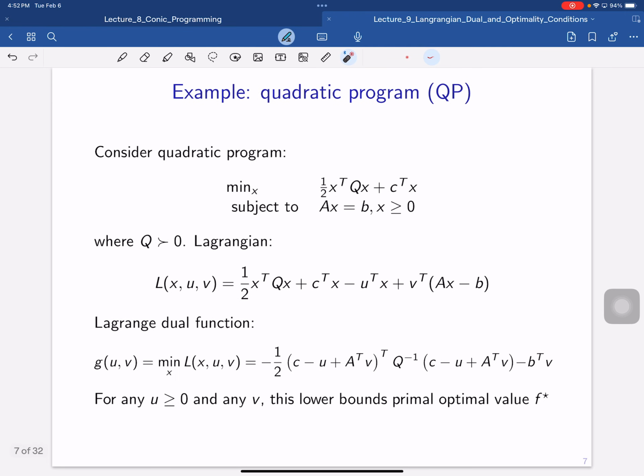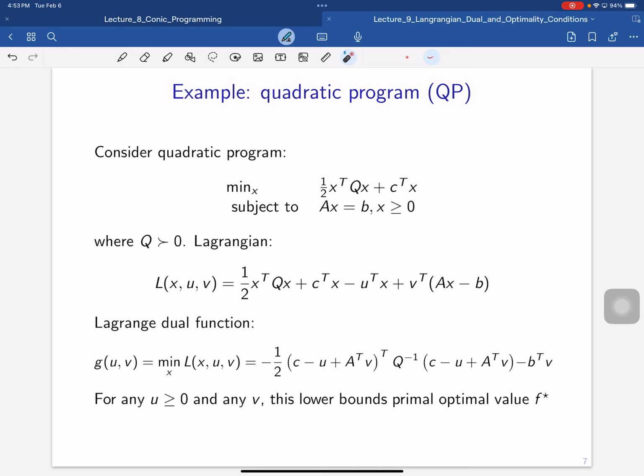Now let's derive the Lagrangian dual function for some very simple examples, to give you an idea how to derive it. Of course, the problem that is slightly more complicated than a linear programming problem is a quadratic problem, right? We already derived the Lagrangian dual function for linear program, that is the linear programming duality.